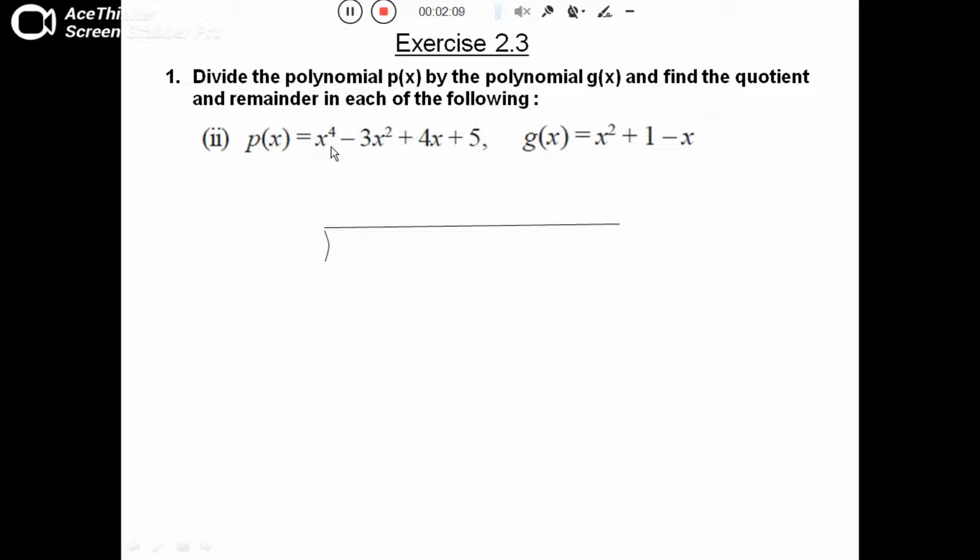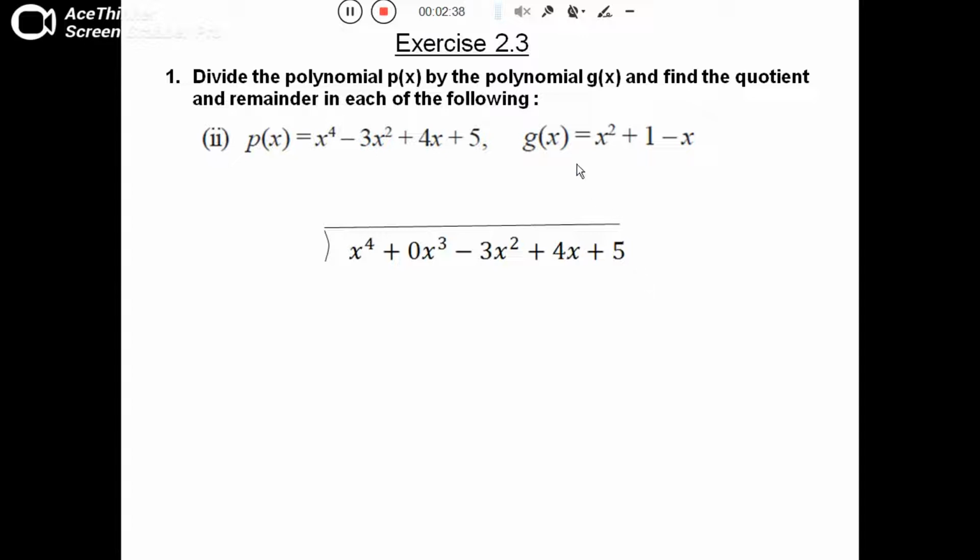It means the power of 4, after 4 there should be 3. It means one term is missing. So you have to write down this dividend in this order: x raised 4 plus 0x cube. This 0x cube, the value of this is 0. But it is important to write down 0x cube minus 3x square plus 4x and plus 5.